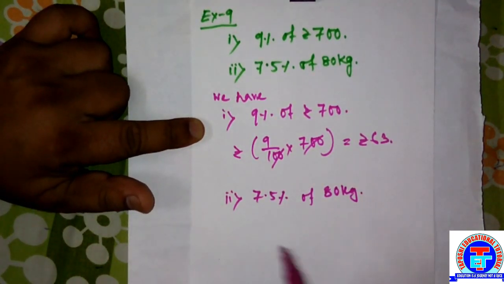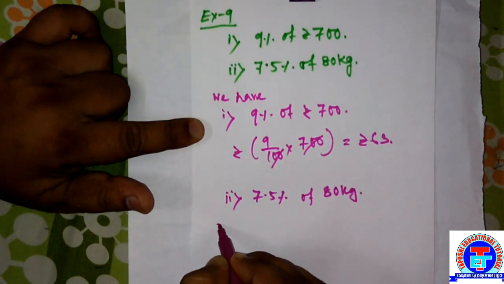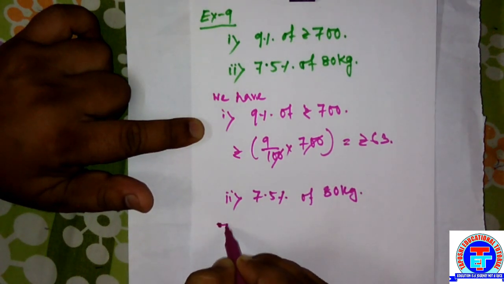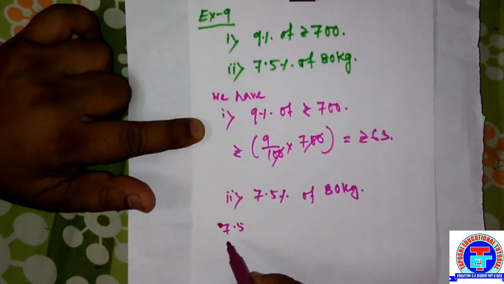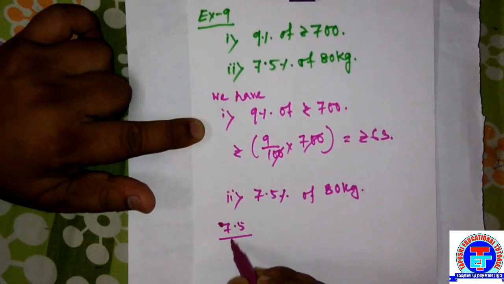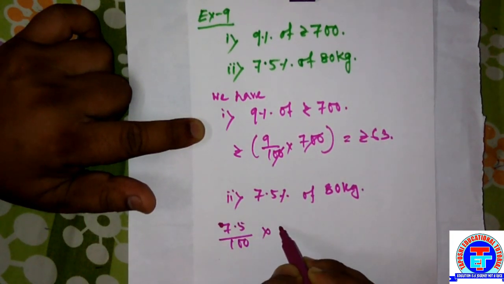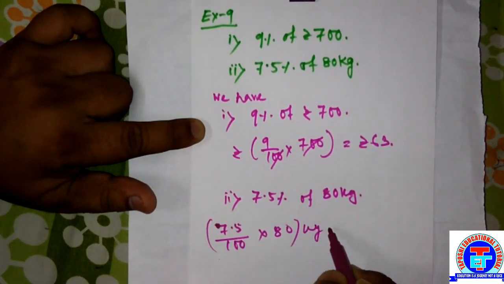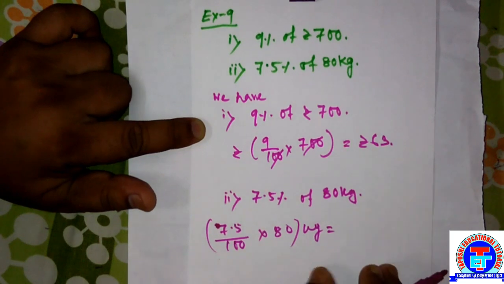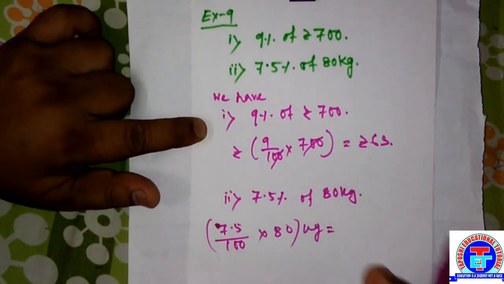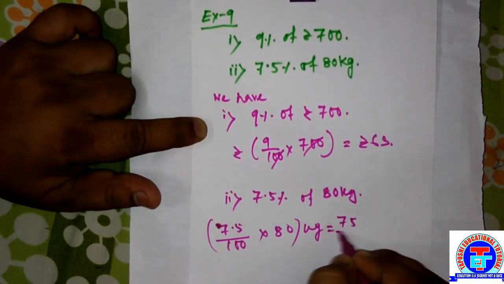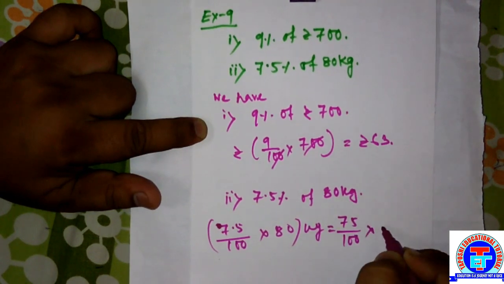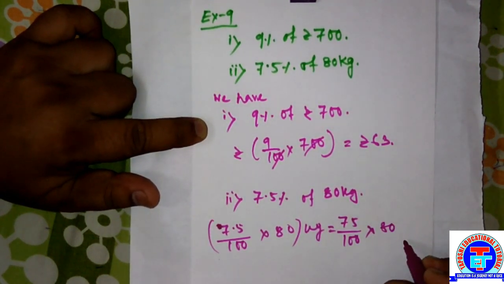So here we write 7.5 by 100 into 80 kg, right, is equal to, we can solve this one, 75 by 1000 into 80.